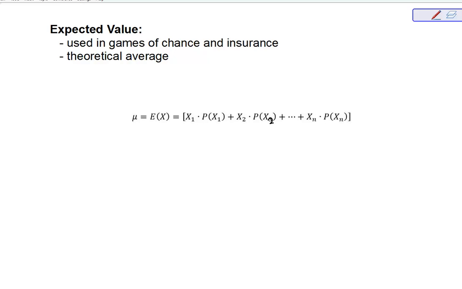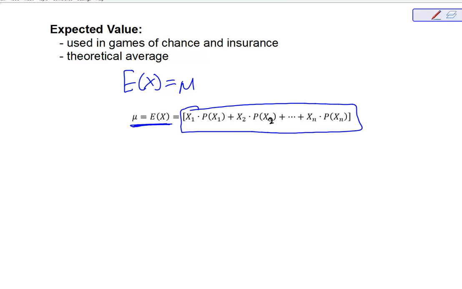Expected value is denoted by E of x, expected value of this outcome. It is the exact same thing as your mean for probability distributions. And that is why I have that here in the formula. So it's the exact same thing as the mean that we've already been figuring out.